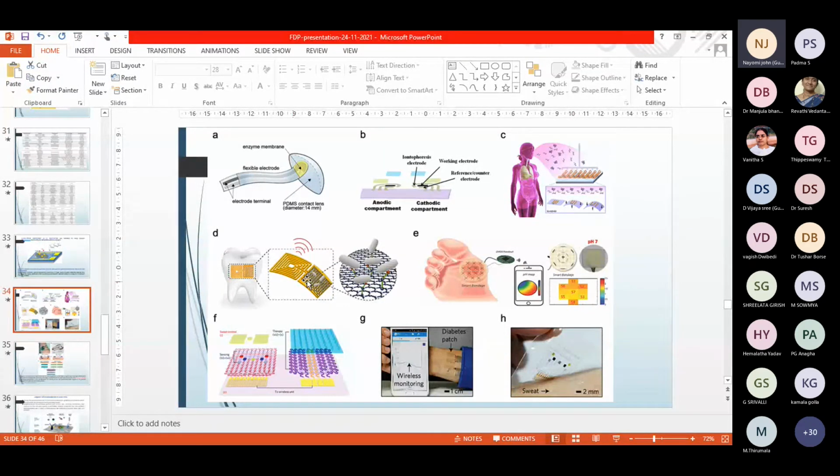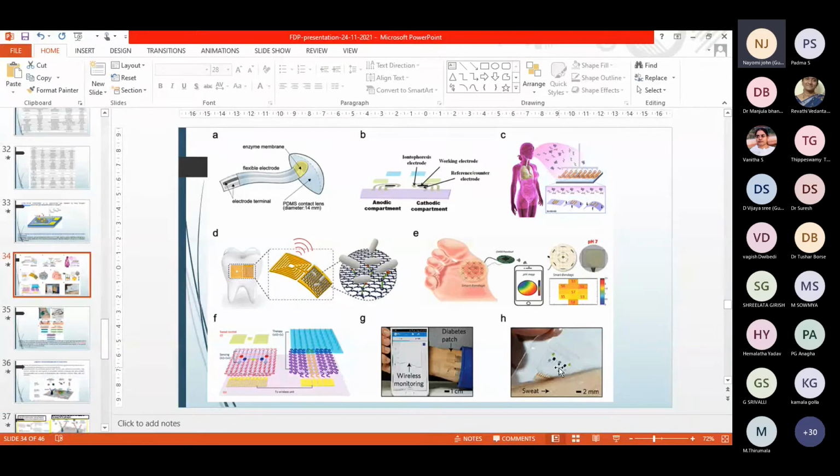flow or progress of the disease. Even sweat is a biological fluid where the electrolyte concentration, how a person is maintaining his electrolyte concentration, is determined by taking the sweat as a sample for the biosensor. They will stick onto the body and it will be detected and give a real time indication of the person's electrolyte concentration in the sweat.